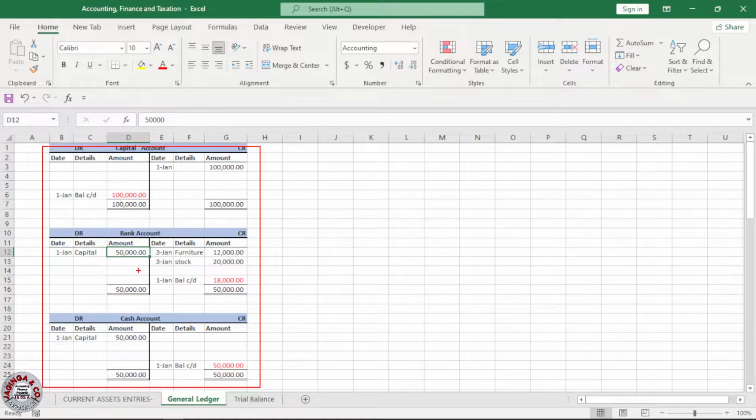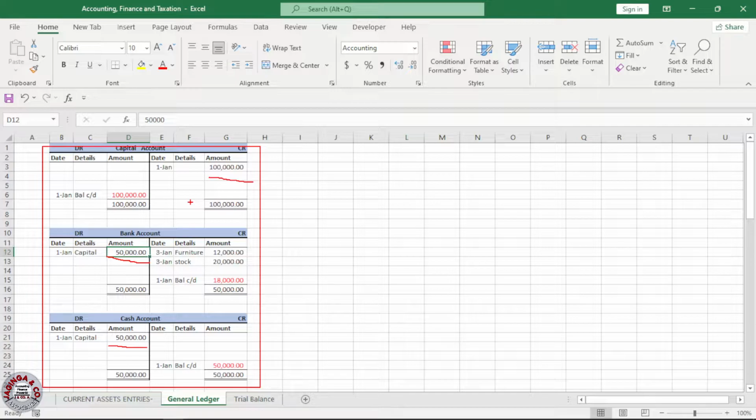Bank has been debited with 50,000 shillings, and cash also has been debited with 50,000 shillings. So we have opposite effects, one for the credit side and two for the debit sides, where we are debiting bank and debiting cash, and the capital account has been credited.